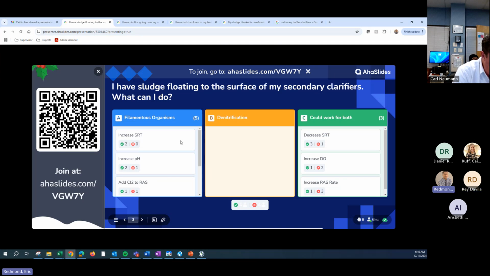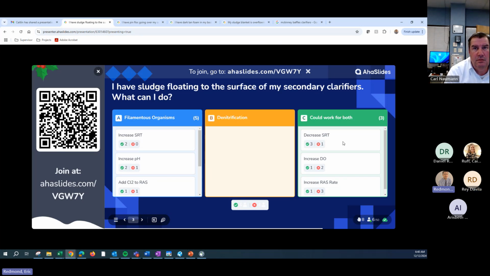In those conditions, there are certain filaments that are going to compete at that high F to M. At the same time, you could decrease SRT if you have too low of an F to M. Too low of an F to M also means that there's a filament that can compete at very low concentrations. And this is why we talk about F to Ms, we talk about SRT. It's all trying to find that sweet spot of SRT and F to M so that we don't have an environment where filaments can compete.